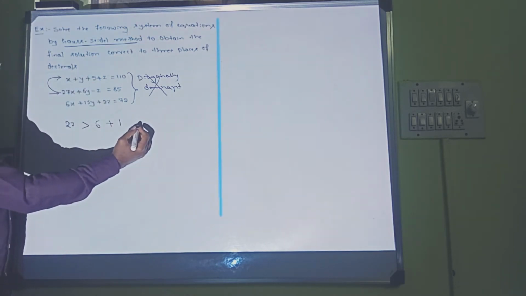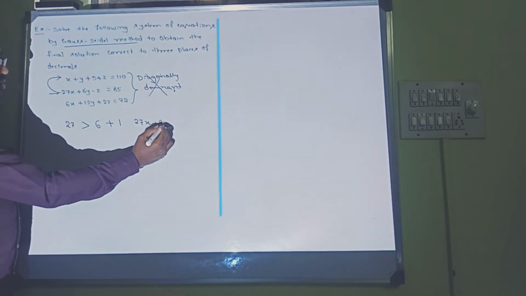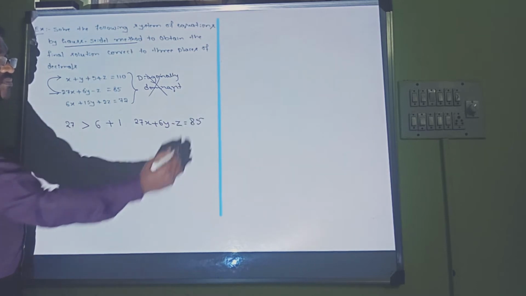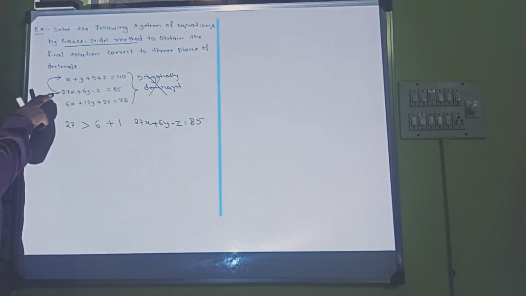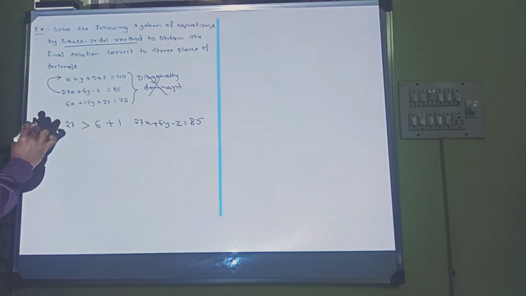Let us write down that equation in the first place: 27x plus 6y minus z is equal to 85. Then search for the equation where the second coefficient is dominant.